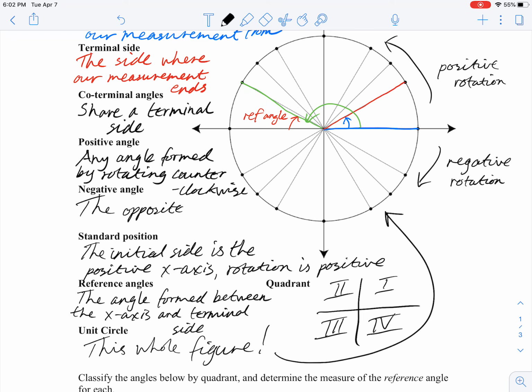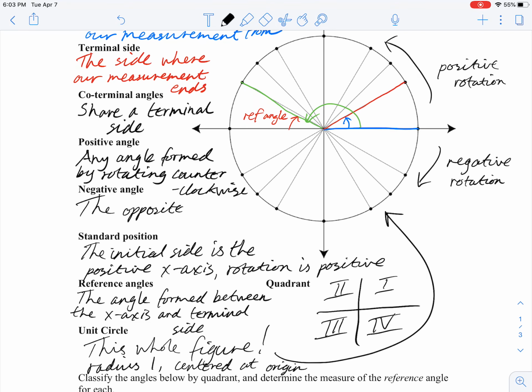The unit circle is a circle with radius 1, centered at the origin, and frequently we will also draw in a large number of common angles as well to be of assistance as we calculate various trigonometric values.